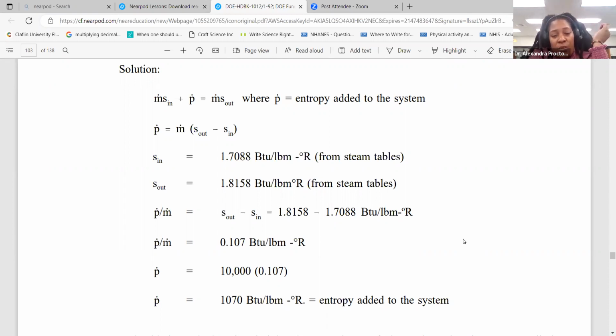So P is equal to 10,000 times 0.107. P is equal to 1,070 BTU per degree Rankine. So that's the entropy that is added to the system. So please correct your notes, as they are actually multiplying this.